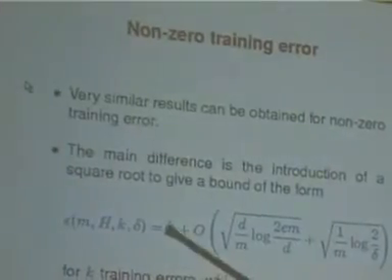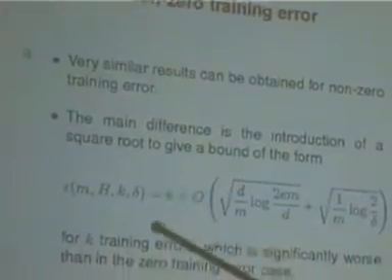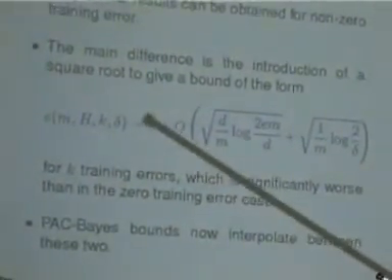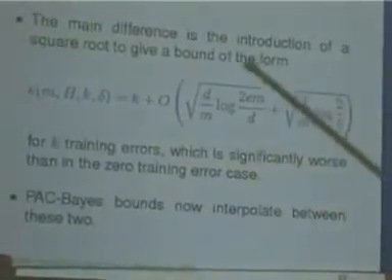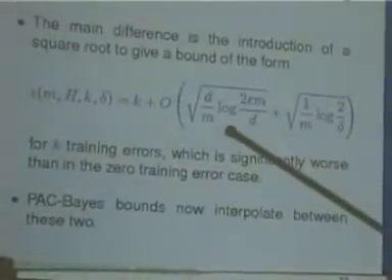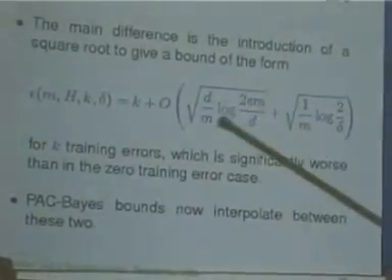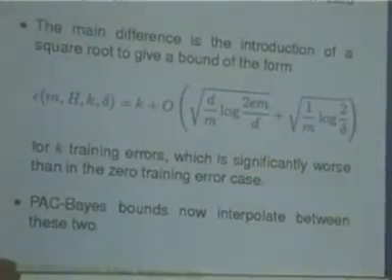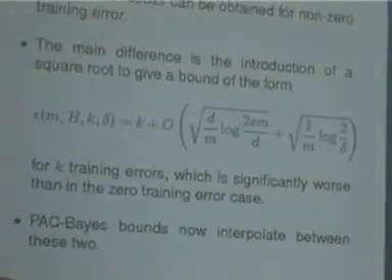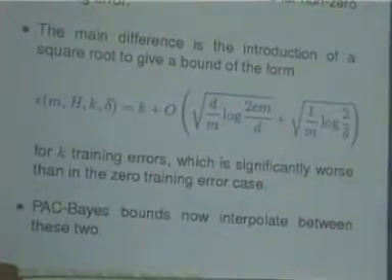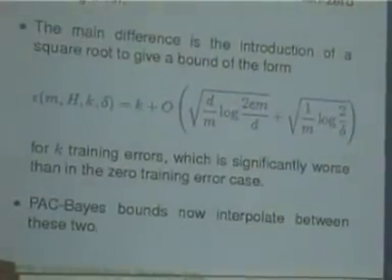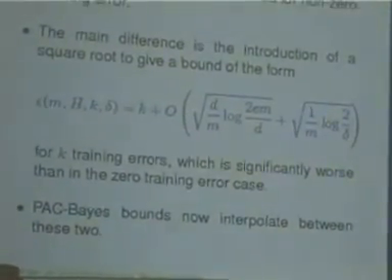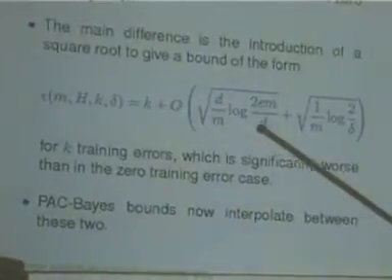K is the number of training errors, so k over m is the empirical training error, plus a term that looks very much like what we had before, except that now there's a square root involved, which makes it larger and looser, and that comes from using different bounds on the probabilities that you need in the non-zero training case.